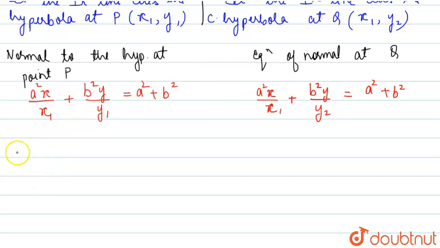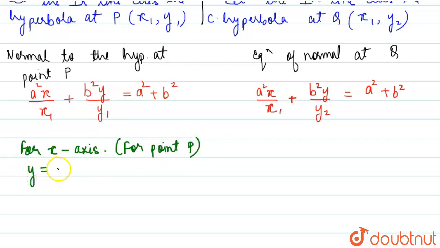So for point P, put y equals 0 in this equation. From this we get x equals a square plus b square upon a square into x1.